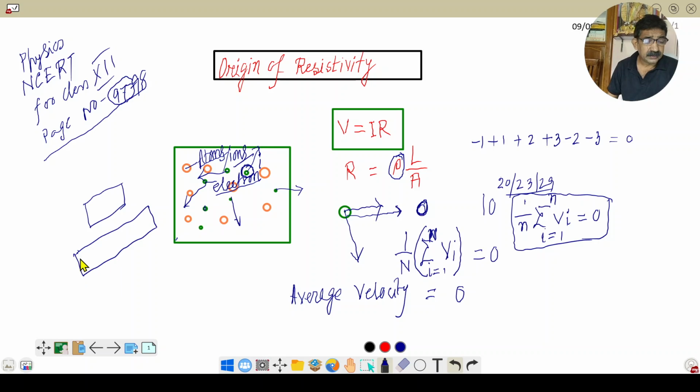The shape of copper is like a copper thread or conductor of copper. Under normal condition, the average velocity of the free electron inside the metallic conductor would be equal to 0, and we can express this in mathematical form.